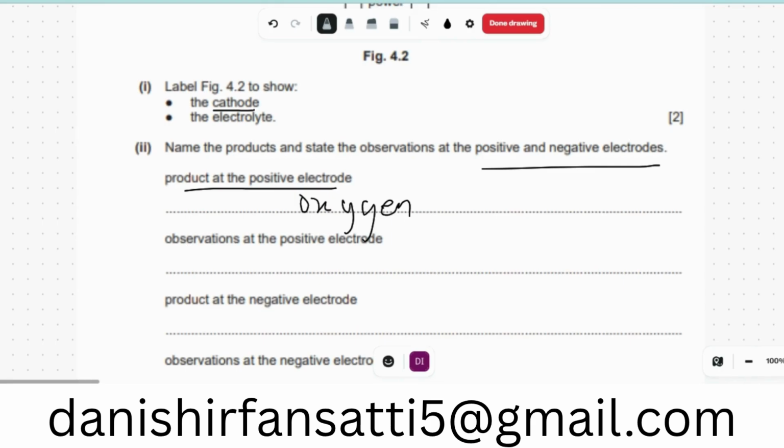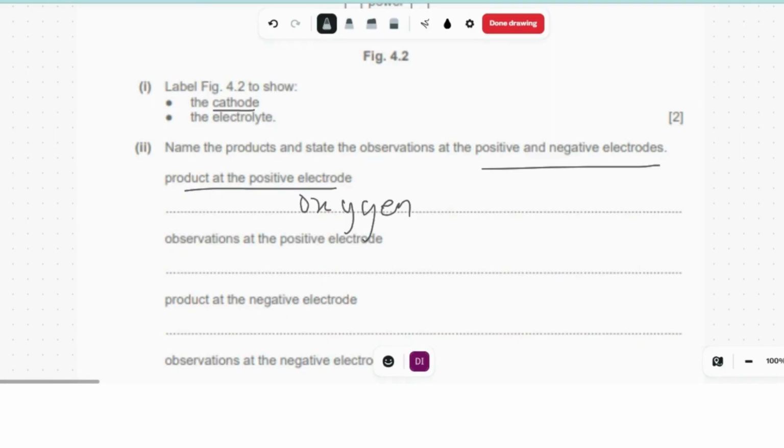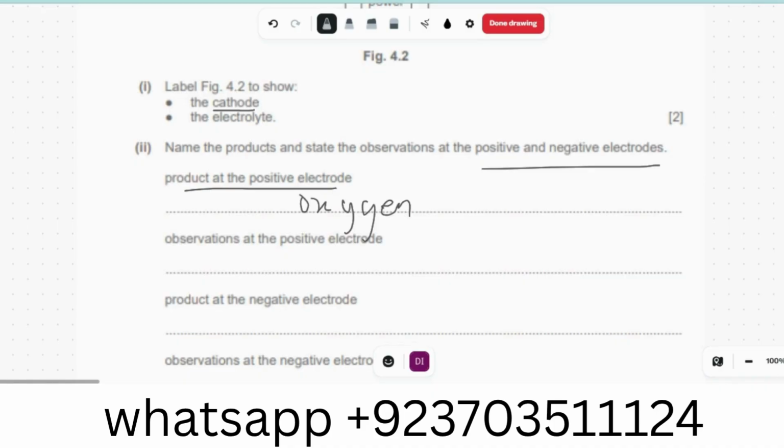And the observation at the positive electrode is bubbles.